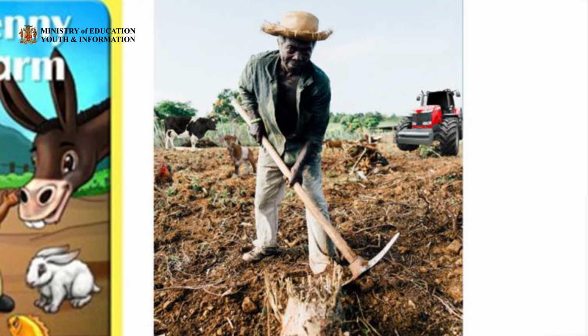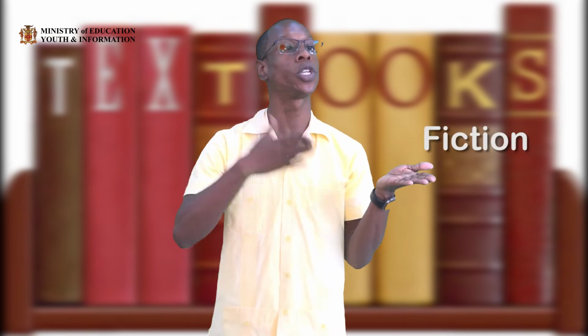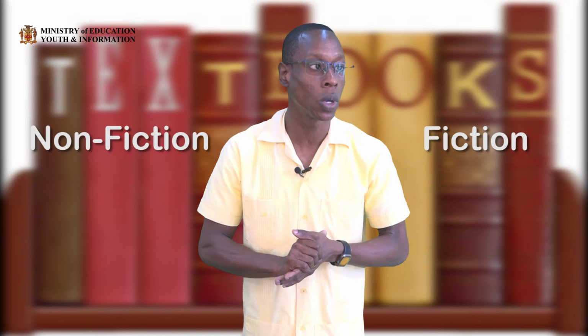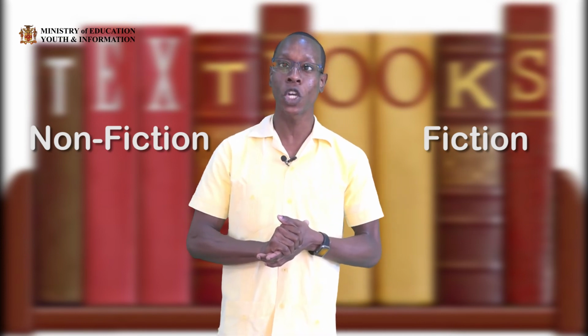So we see that this is a real farmer on his farm. And if you look even closer at the picture, we see that he has several equipment in the back. And we see the animals behind him. Beautiful. So we can tell which book is a fiction book and which book is a non-fiction book by examining the pictures and the title.